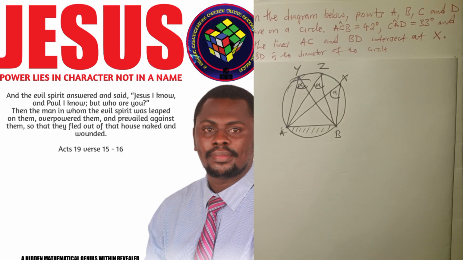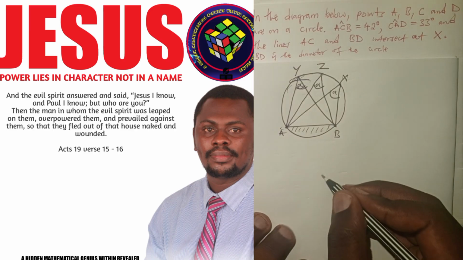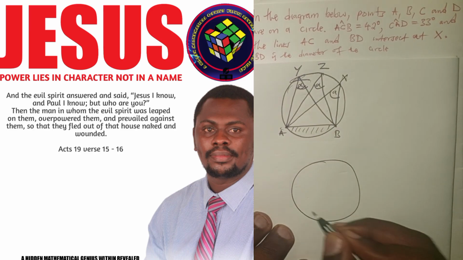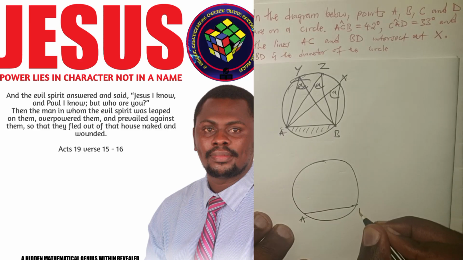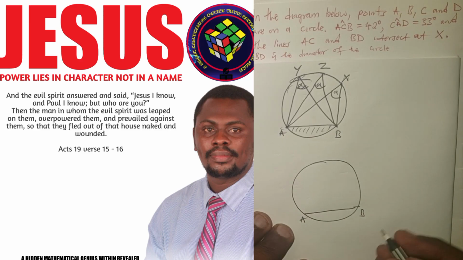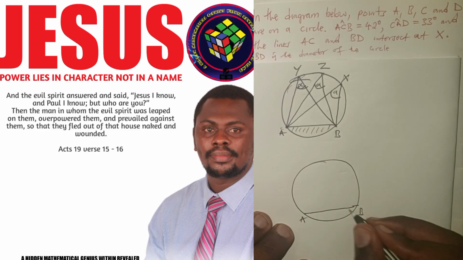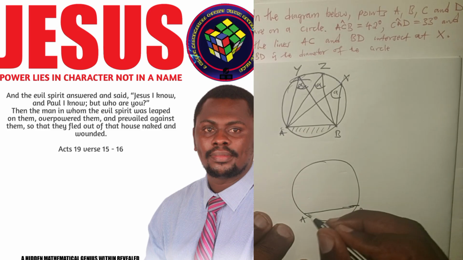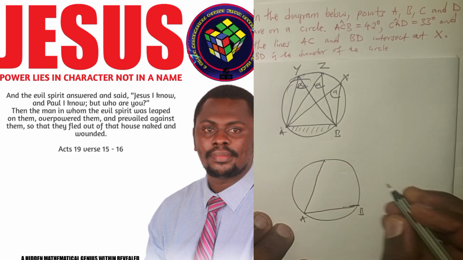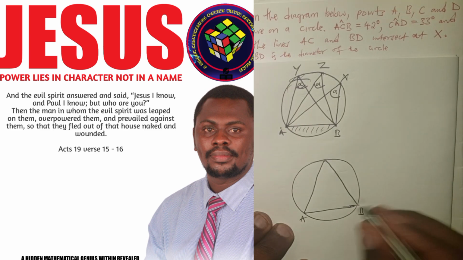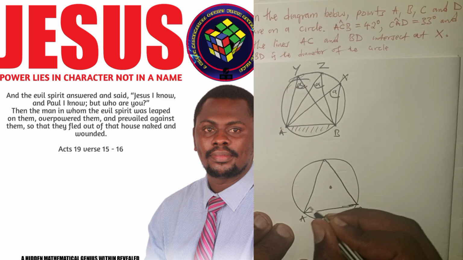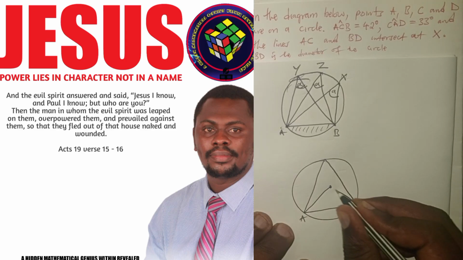Then the other property is about angles produced from the same arc or chord and the segment. Let's say this arc or this chord has produced an angle at the circumference and another angle at the center.